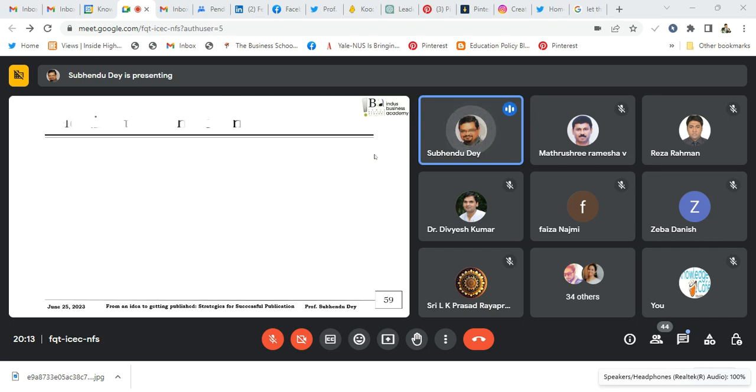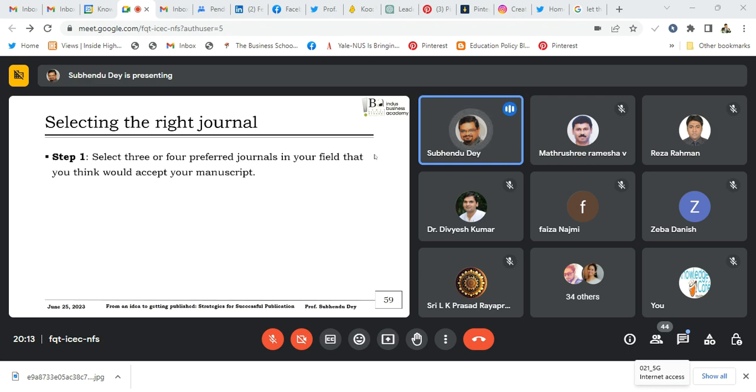Let's look at the publishing landscape. How do you select the right journal? You have to make sure that you invest a good amount of time in selecting the right journal. Step one is to select 3 or 4 preferred journals in your field that you think would accept your manuscript.